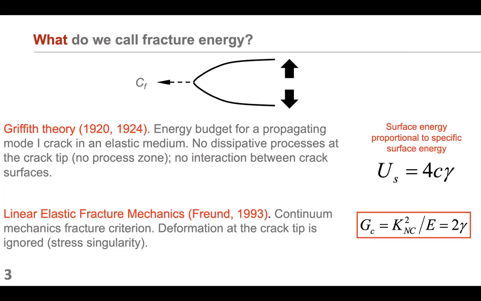So there is no dissipative process at the crack tip, so there is no cohesive zone. In this case, the fracture energy is proportional to the specific surface energy, which is a material property. And this specific surface energy means the energy required to propagate a given surface of a new crack.